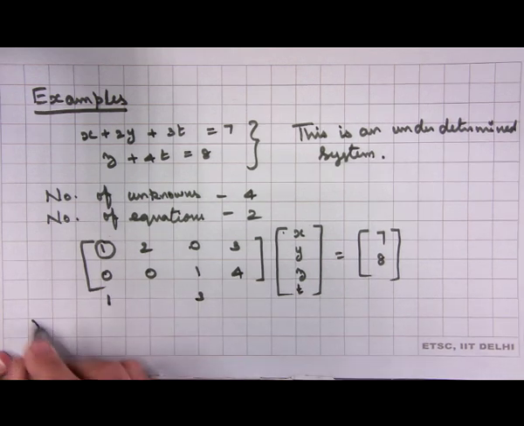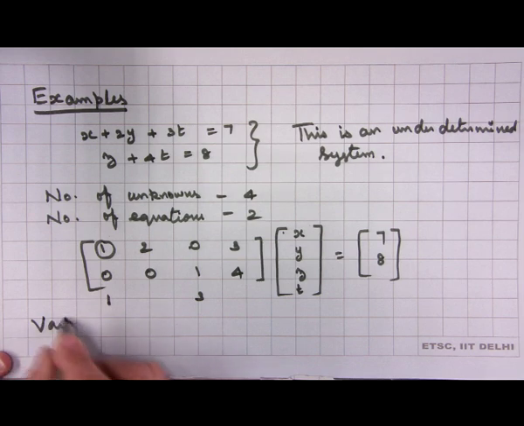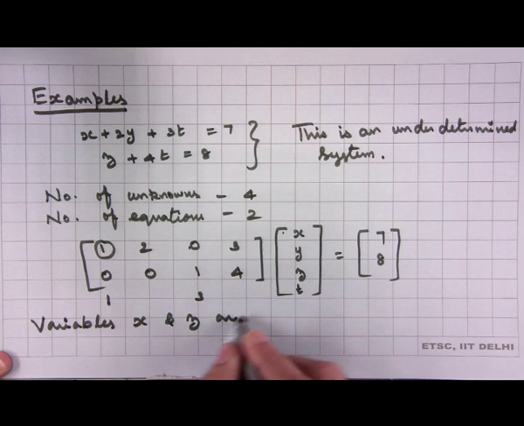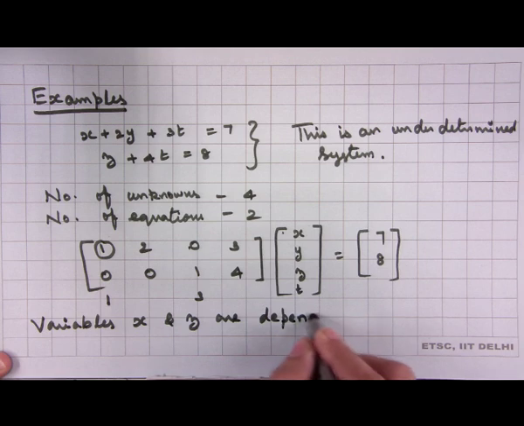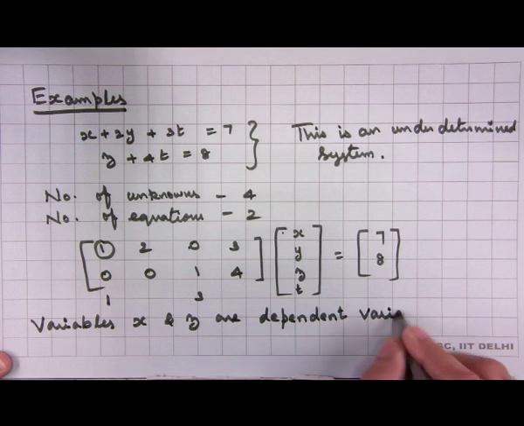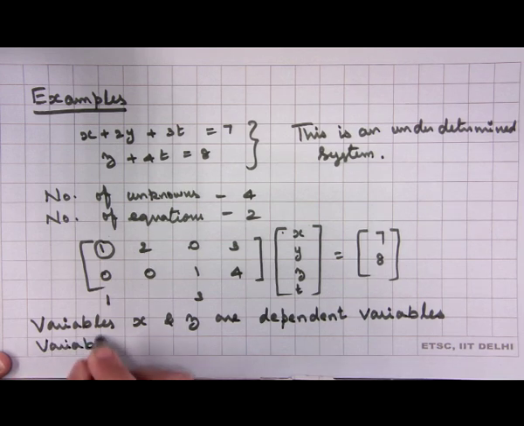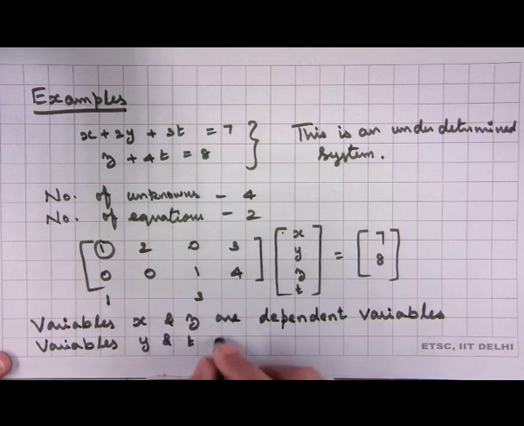So the variables x and z are dependent variables, while the other variables, y and t, are independent variables.